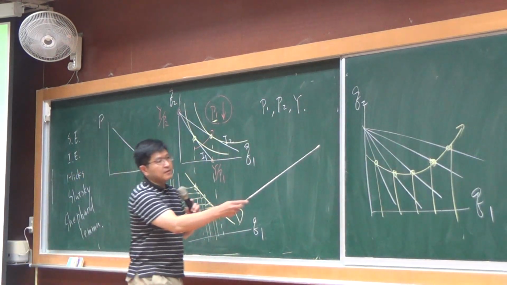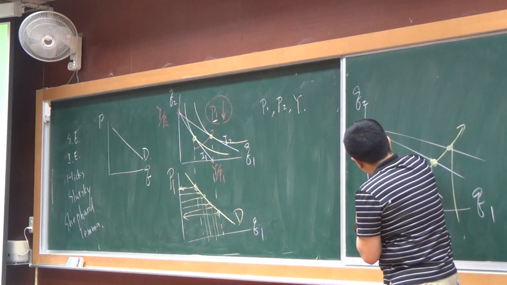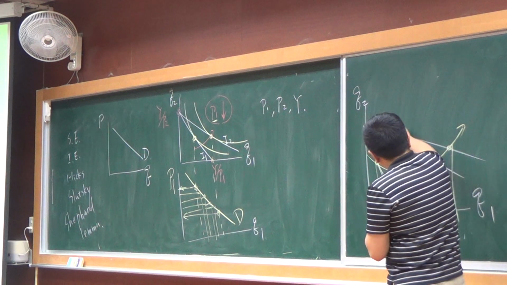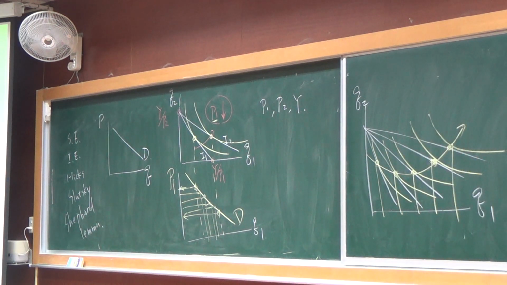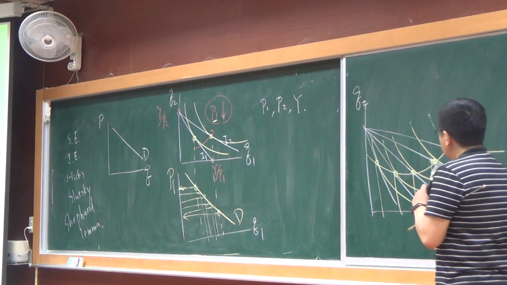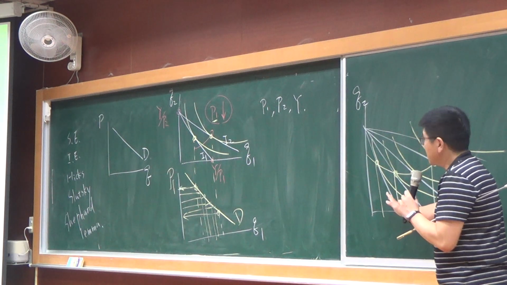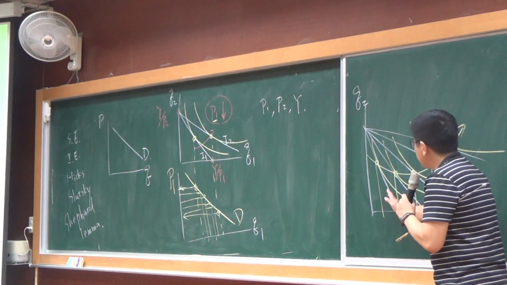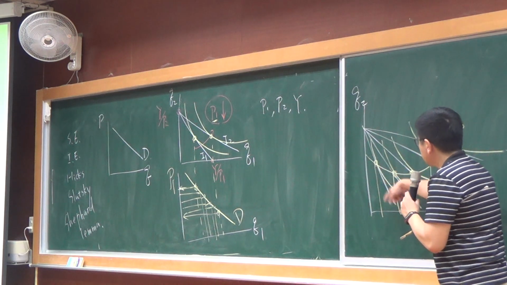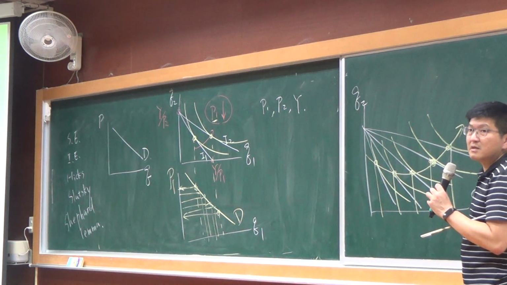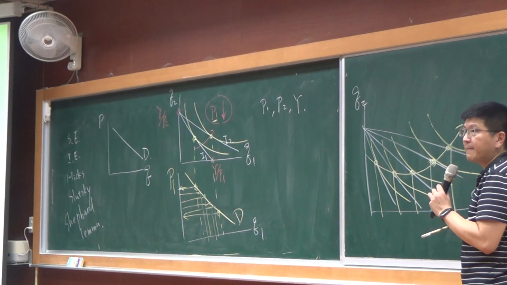So with the indifference curves, when the price of commodity 1, P1, changes from high to low, you will correspond to different equilibrium quantity demanded, right?